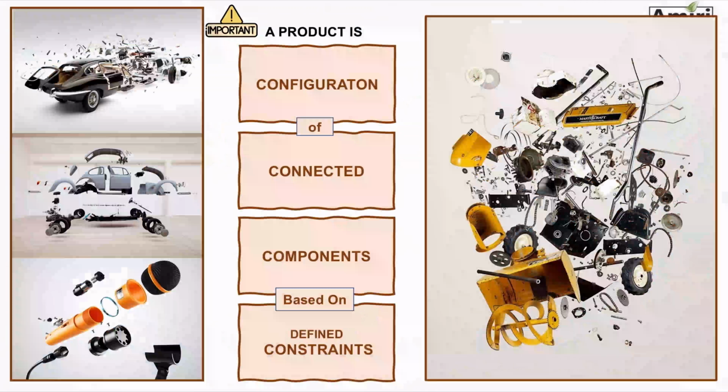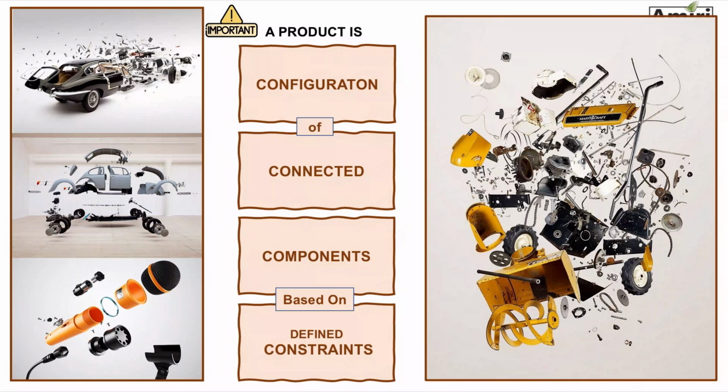Another point that I would like to remind everyone is something we talked about before, which is the definition of a product. We talked about the 4 C's: configuration, connected, components, and constraints. You design a product, design some components that need to be connected with each other, and how you put them together and connect them will form the configuration of the product.